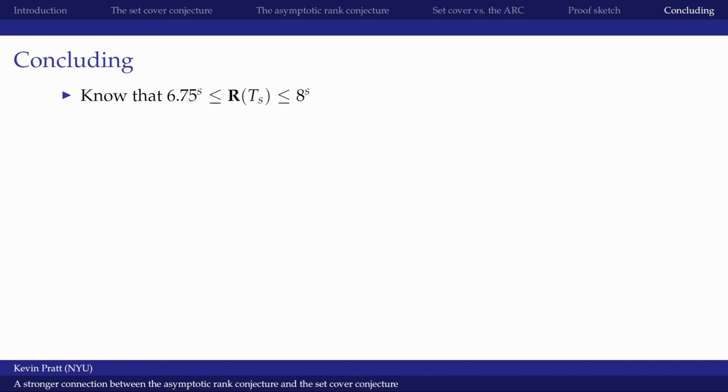So what do we know about the rank of this tensor T sub s? It can be shown that it's at most 8 to the s and it's at least 6.75 to the s. So if you go through this argument I just sketched in closer detail, you'll see that actually to break the set cover conjecture, you would only need to show that the rank, or the asymptotic rank of T sub s, is at most 2 over 9s times 8 to the s.